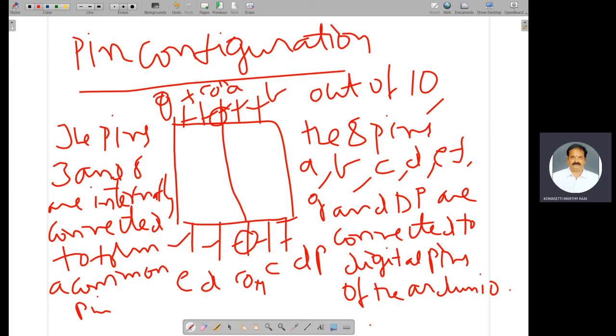These are the pin configuration numbers, 1, 2, 3, 4, 5, 6, 7, 8, 9, 10. Total 10 pins are there.